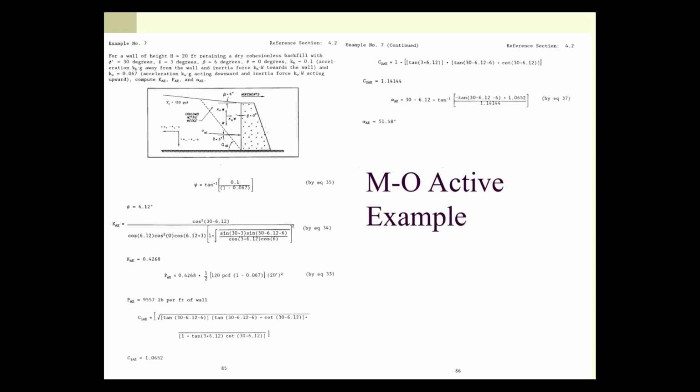If you're setting up a spreadsheet for it, you should set that up and see if it works for you. And PAE is simply the same formula. Notice that in this particular case, since you're given a KV, it enters into the PAE equation. Keep that in mind. If you are given a KV, it will affect PAE as well as KAE. It affects them both.